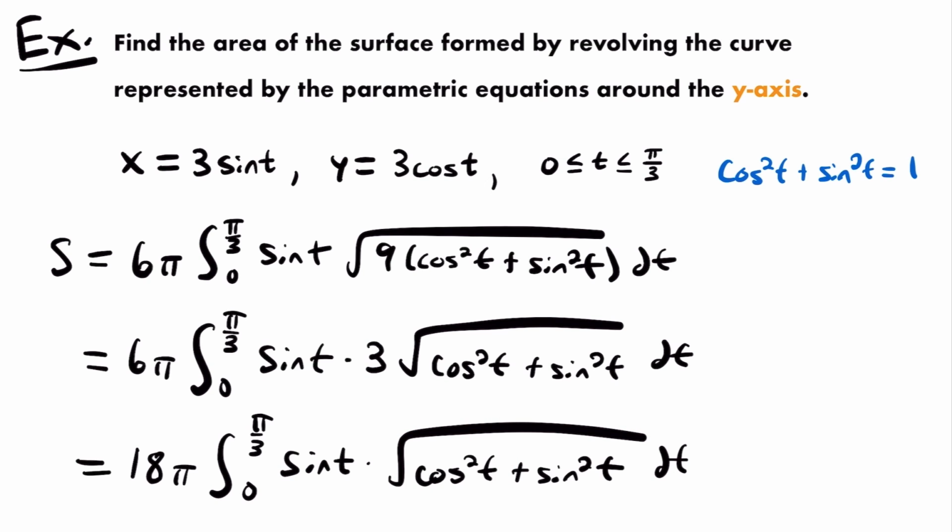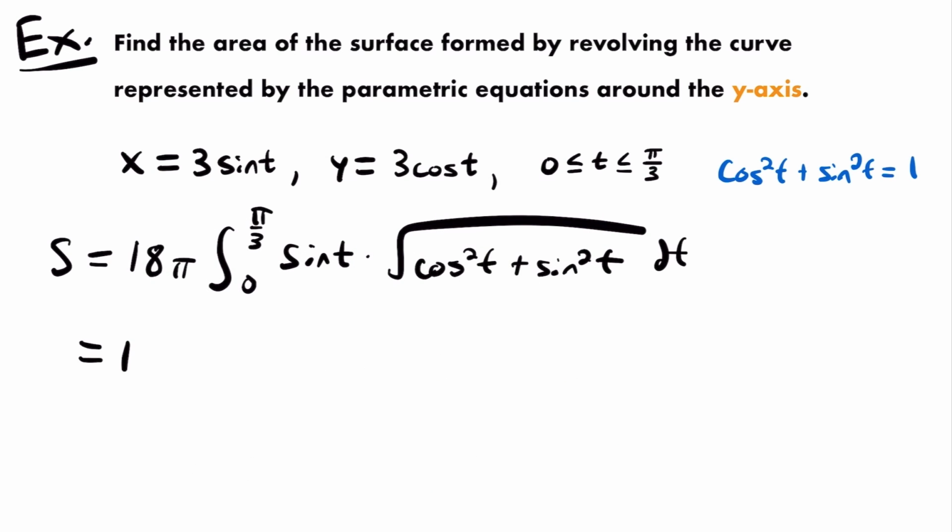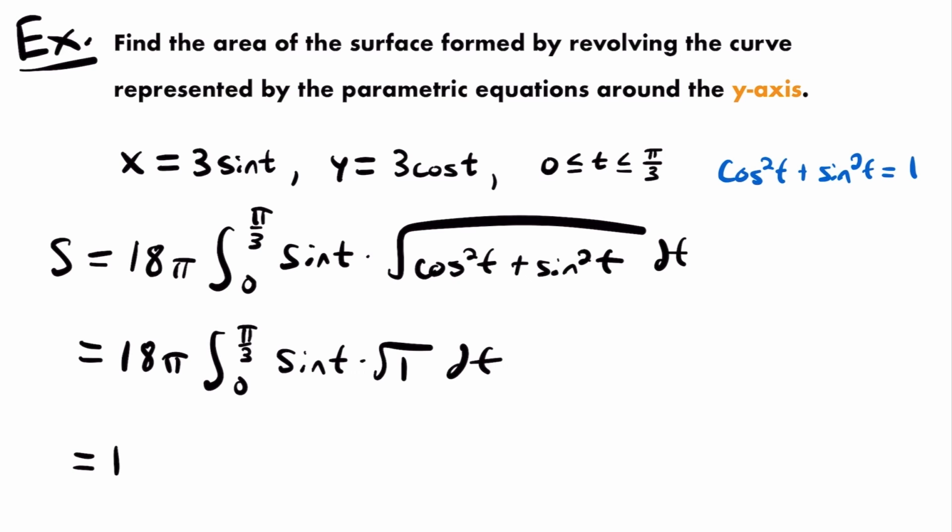And so if we do that, this will be equal to 18 pi times the integral from 0 to pi divided by 3 of sine t times the square root of 1 dt, but the square root of 1 is just 1, and so we're multiplying sine t times 1, which is just sine t. And so this is equal to 18 pi times the integral from 0 to pi divided by 3 of sine t dt.